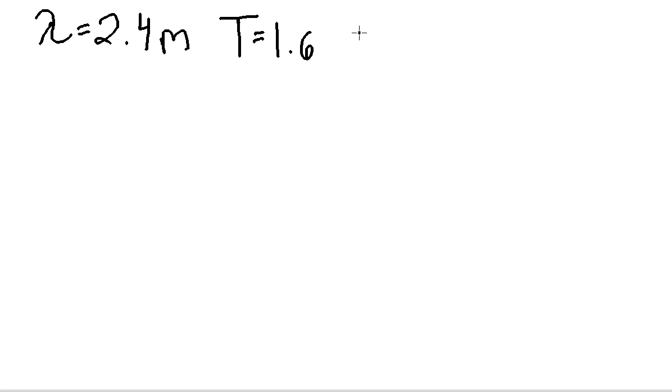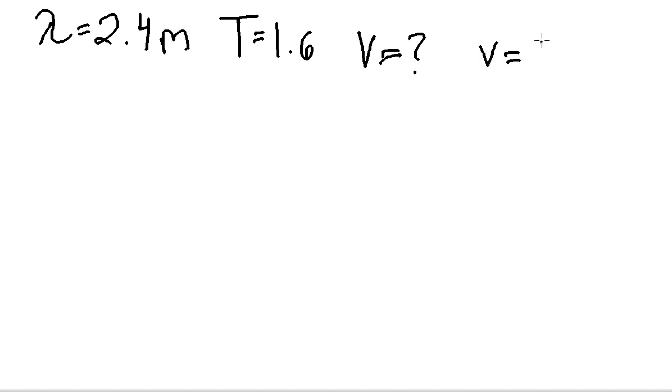How quickly are these moving past a given point in this period of time if they are spread out by this distance between peaks? So we don't have an expression that relates these three variables. So what we want to do first is write down an equation that we do have that solves for velocity.